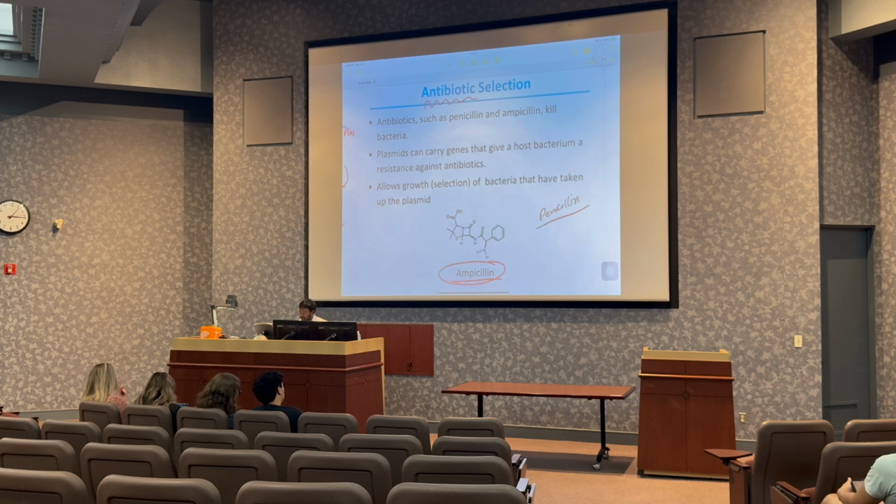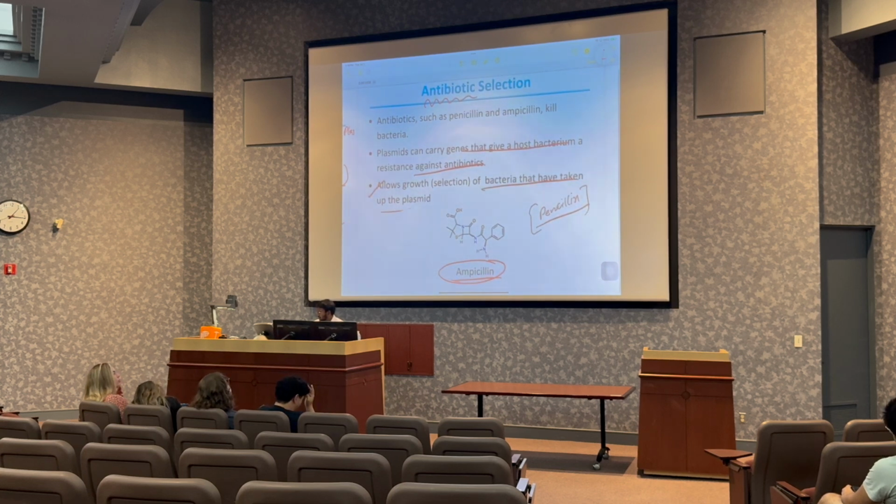Penicillin, ampicillin, chloramphenicol are a few antibiotics available in the market, and now bacteria are getting resistance to those antibiotics and they are not helpful anymore. So we need to develop more and more antibiotics to protect us from those bacteria. A plasmid can carry genes that give the host bacterium resistance against the antibiotic, and allow the growth of bacteria that have taken up the plasmids.